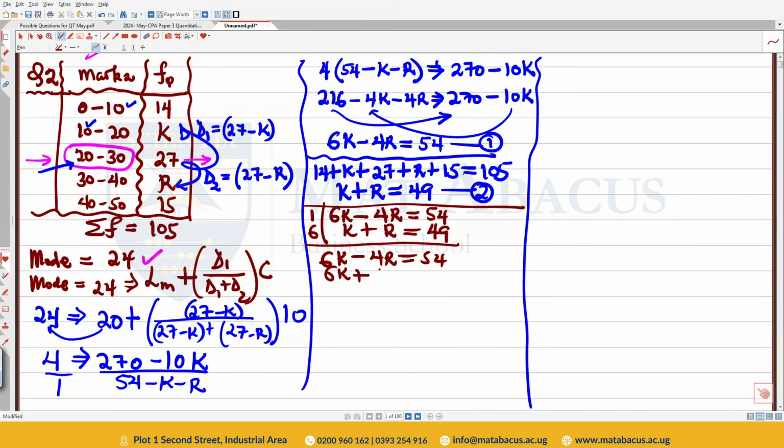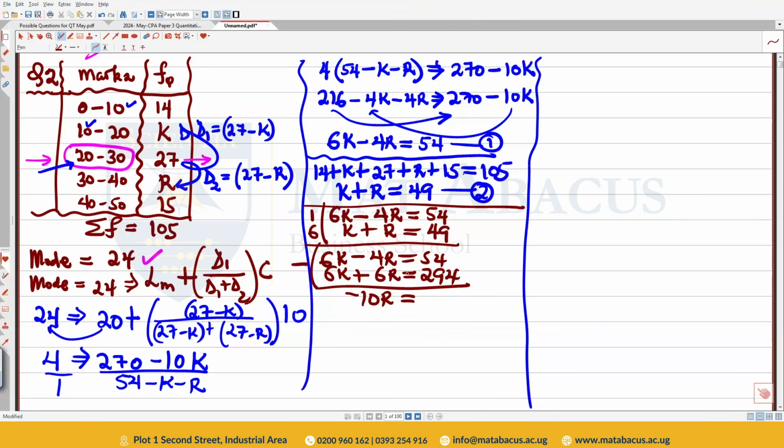6K plus 6R is equal to, what is 49 times 6? Your calculator should be handy in the exam. So 49 times 6 gives you 294. Subtract to eliminate the K. So we shall have negative 4 minus 6, that is negative 10R, being equal to, what is 54 minus 294?